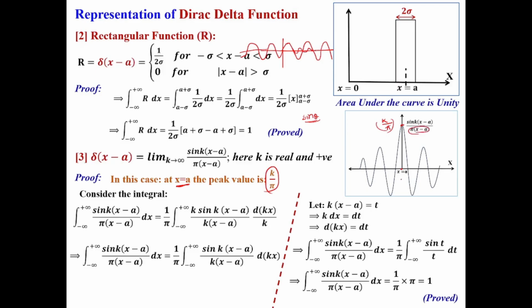So as we move from x equal to a towards the right side and the left side, the peak value k by pi will gradually decrease like this. Here you can see the maximum intensity of this delta function is observed at x equal to a, and the intensity gradually decreases like this.